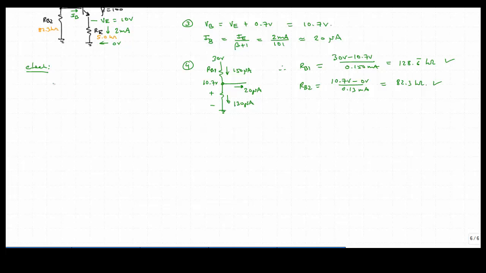To check this, we want to do this Thevenin thing where we're going to replace our RB1 and RB2 with the VBB and RBB, where RBB is going to be equal to 82.3 in parallel with 128.6 kiloohms.